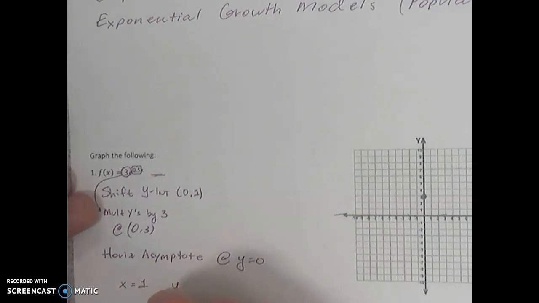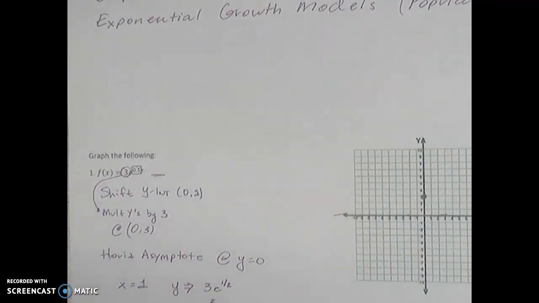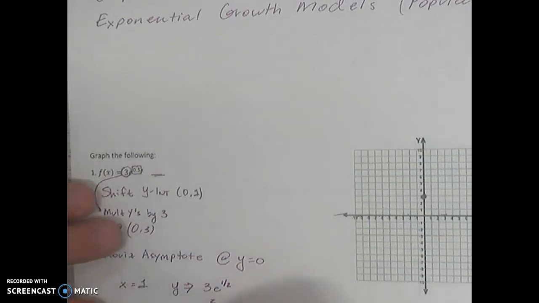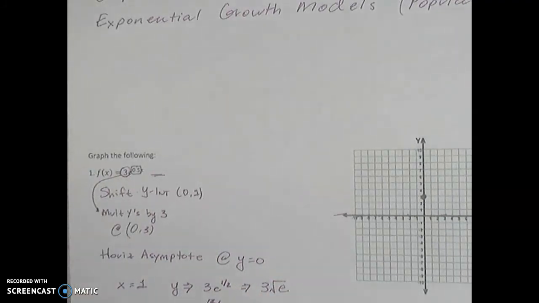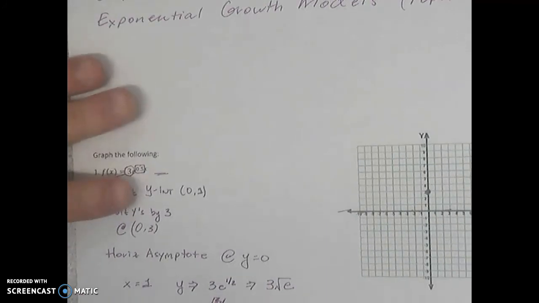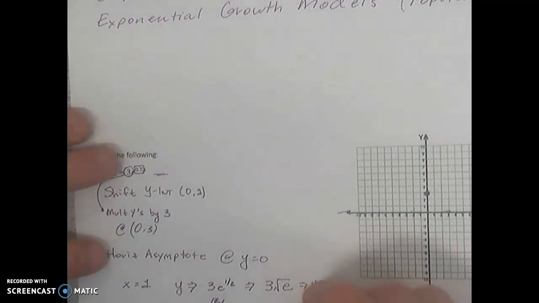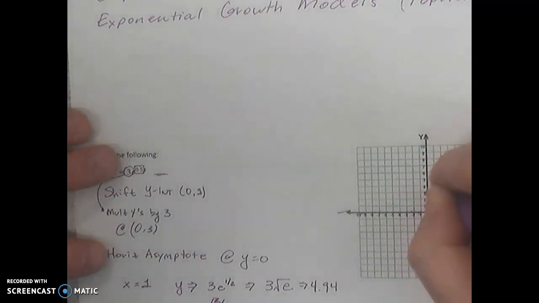For x equals 1, y would equal 3e to the 1/2, or 3 times the square root of e. We plug that into our calculator, we get 4.94-ish. So 1 comma 4.94.